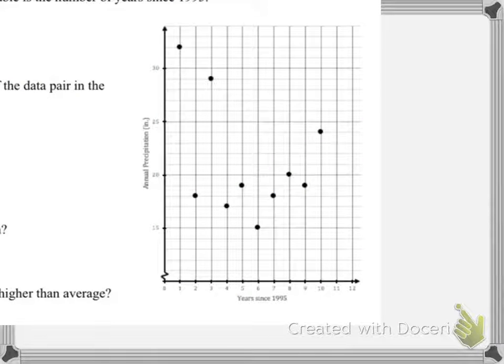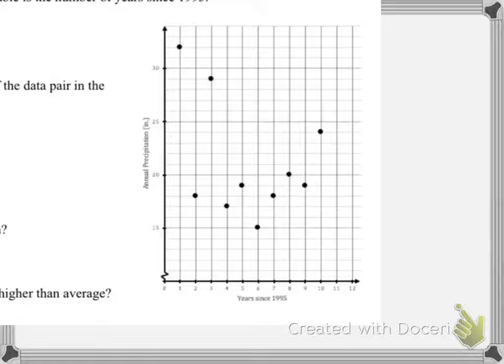When was there a total precipitation of 29 inches? So should I find 29 on the x-axis or the y-axis? Right, so we're going to find it on the y-axis.